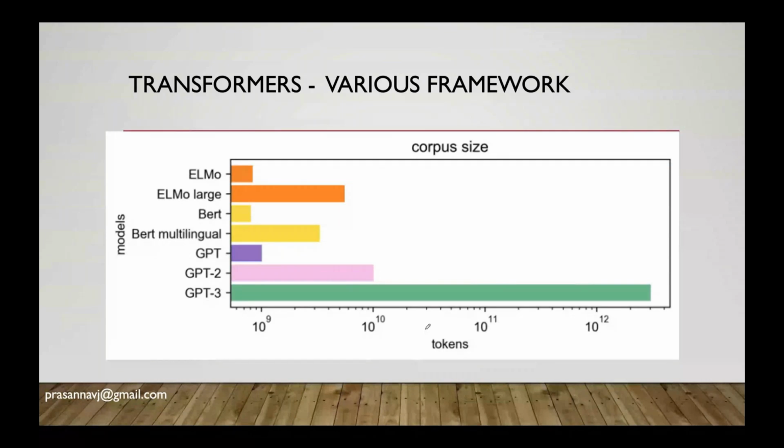The recent one delivered by OpenAI is called GPT-3, and you can see the number of tokens that have been used for processing that particular GPT-3. Tokens, you can say it's like an embedding vector. The number of embedding vectors, that is the size of that embedding vector that they have used for processing, is pretty much mind boggling.